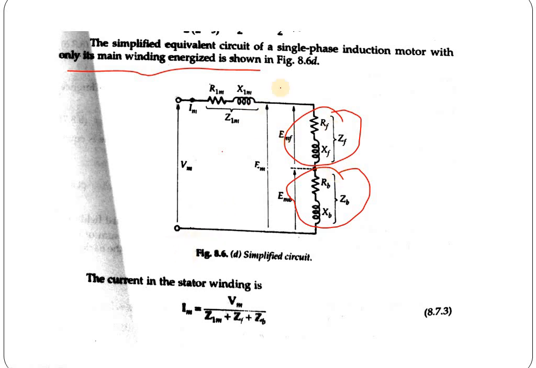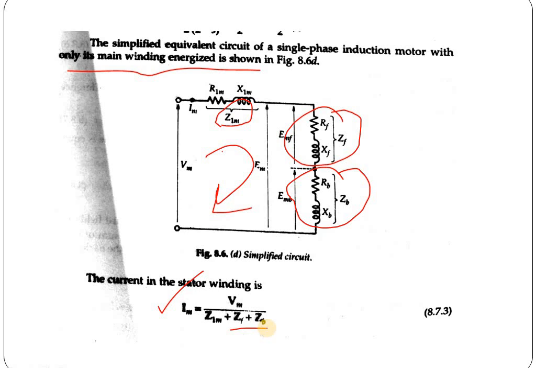Now from this simplified circuit, we can easily calculate the current, which is definitely a series circuit. It is Im equals Vm divided by Z1m, which is the impedance of the motor main winding, plus Zf plus Zb, the forward field and backward field impedances. In that way, we can easily calculate the current of the stator winding.